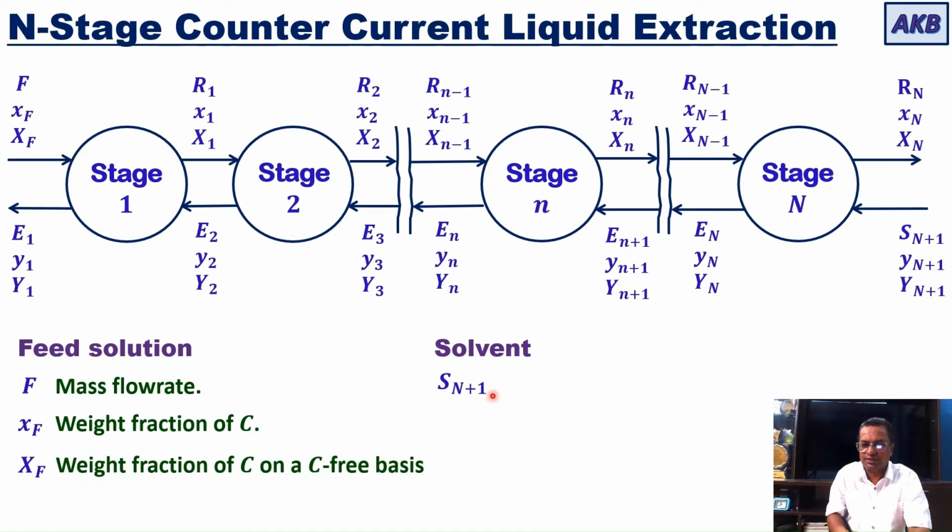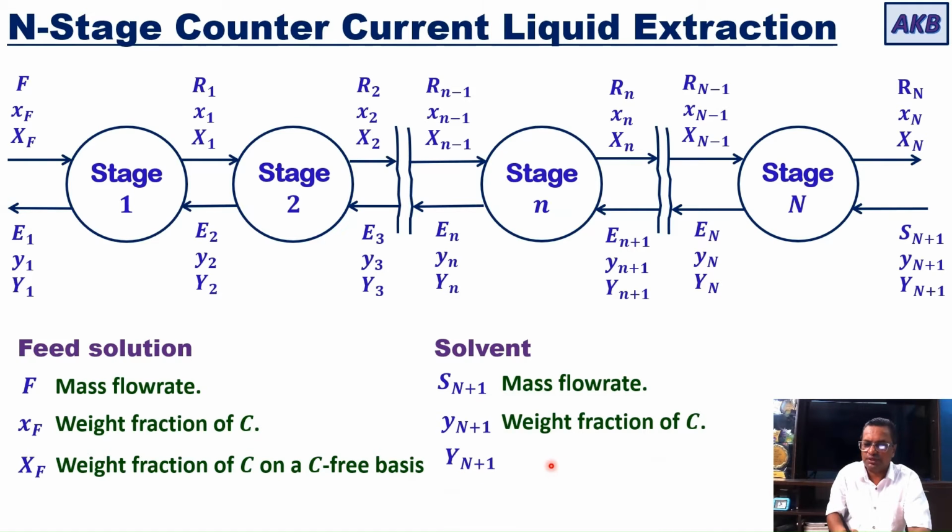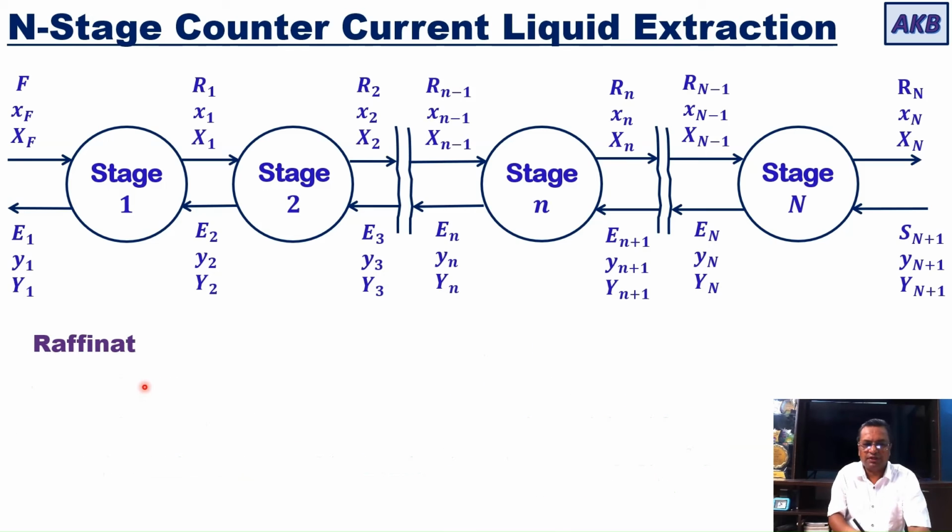And then for the solvent phase, the mass flow rate is Sn plus 1, the mass flow rate of the solvent. Then yn plus 1 is weight fraction of C in the solvent, and capital Yn plus 1 is weight fraction of C on a C-free basis in the solvent phase. Then you have the raffinate phase that comes out of various stages in the cascade. So here are the mass flow rates of those raffinate phases.